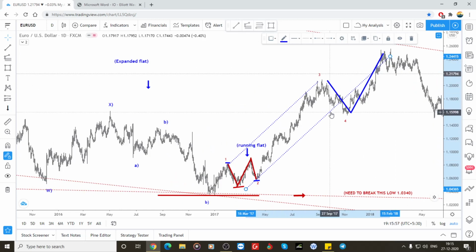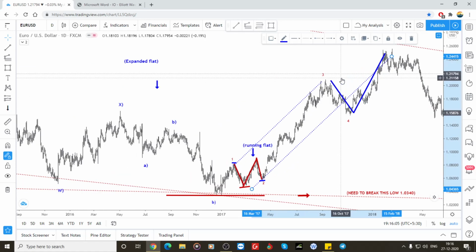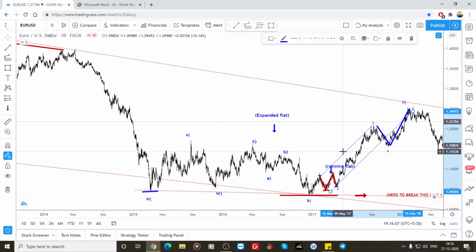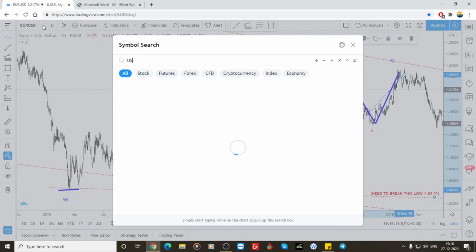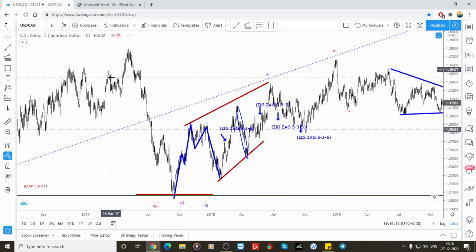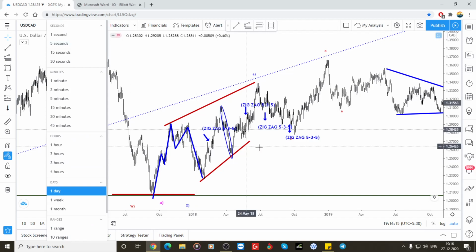So this is also a channel, 1, 2, 3, 4, and this is the 5. So here this is the impulsive channel, and we will move on to the USD CAD. That is a perfect channel in the downtrend.